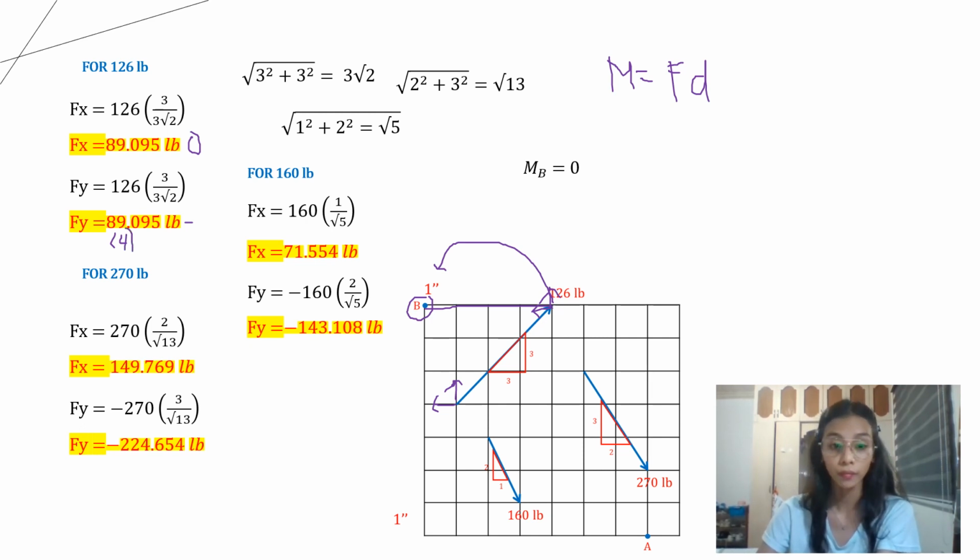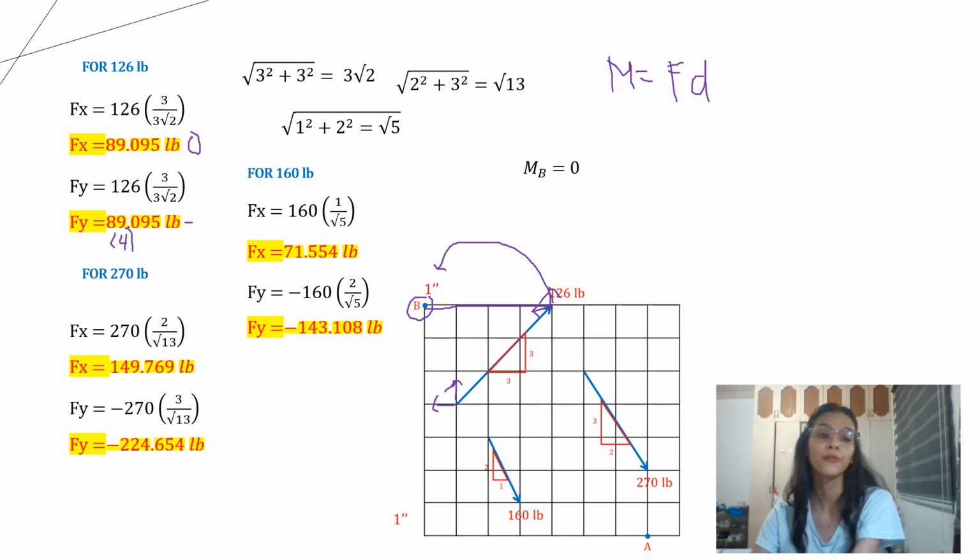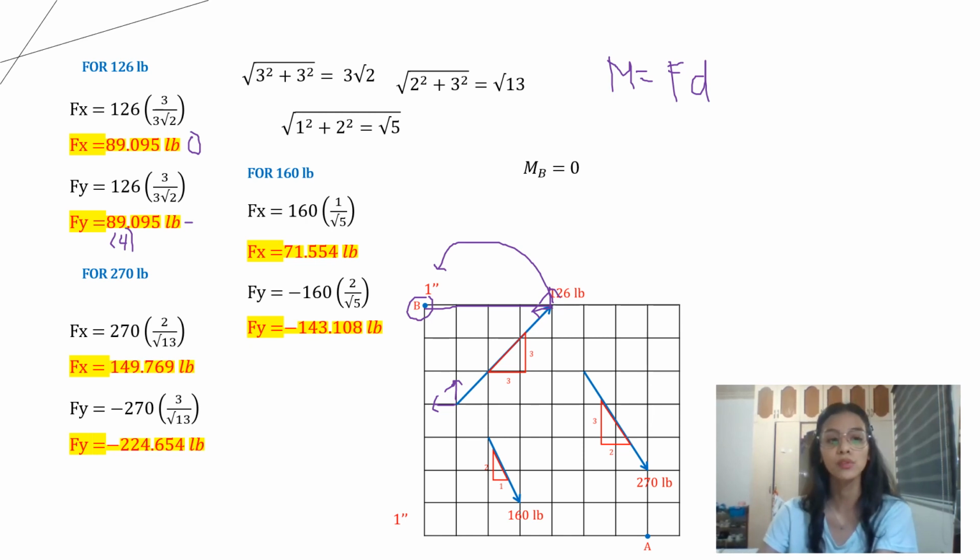For our force of 270 pounds, our Fx is 149.769. I'm going to take the moment at the origin.